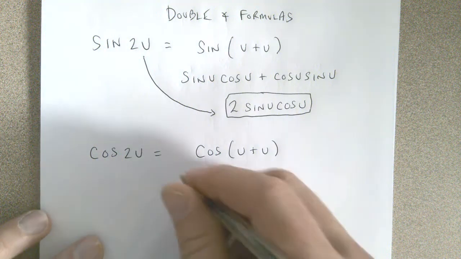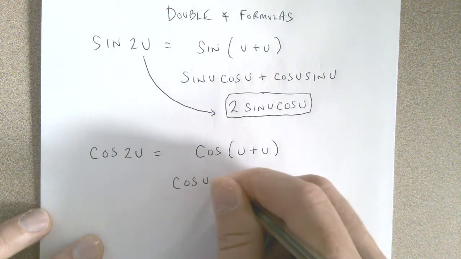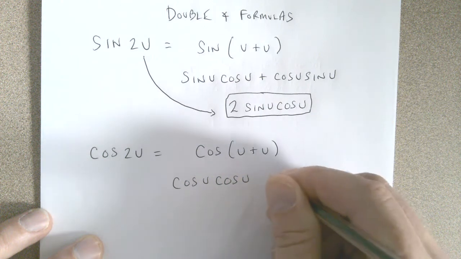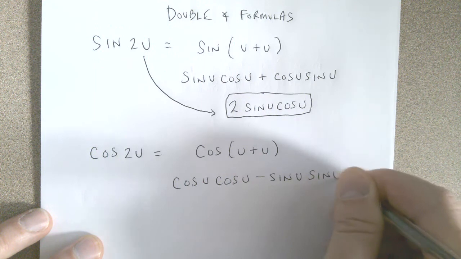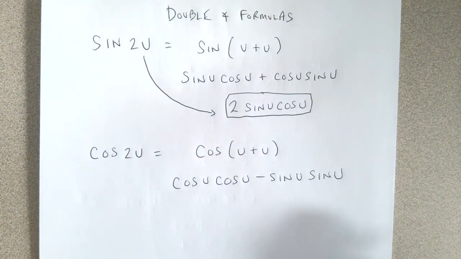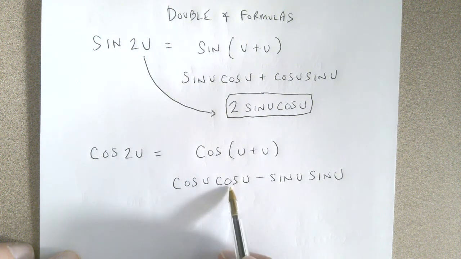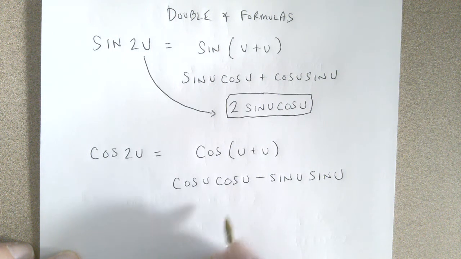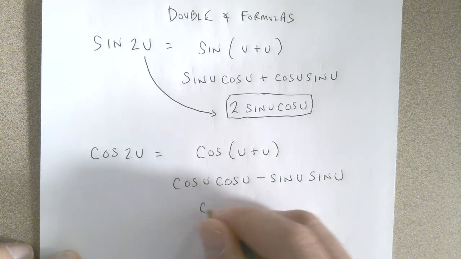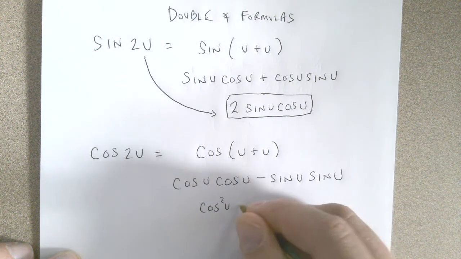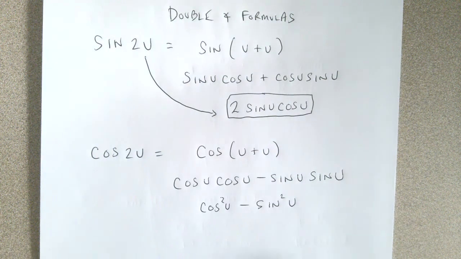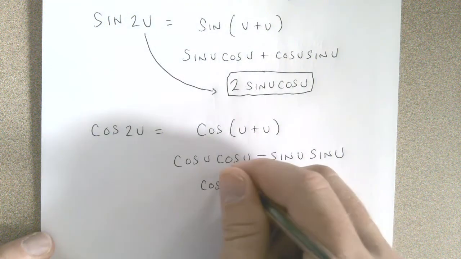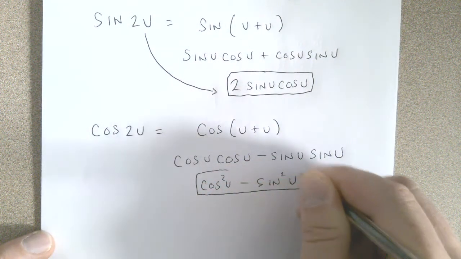If we expand that, it is cosine u cosine u minus sine u sine u. Well, what's another way to write cosine u cosine u? That's cosine squared u minus sine squared u. So there's form number one for the cosine.